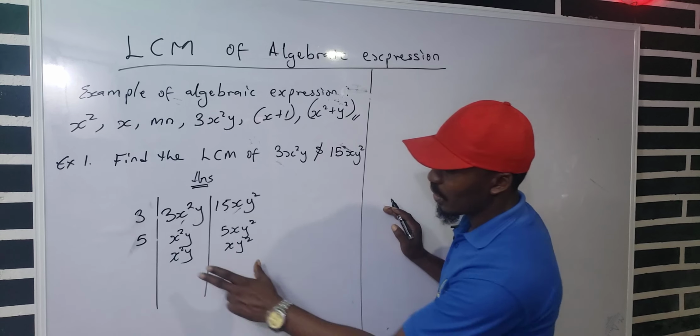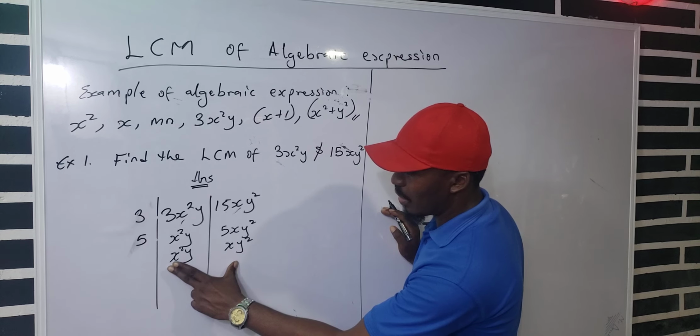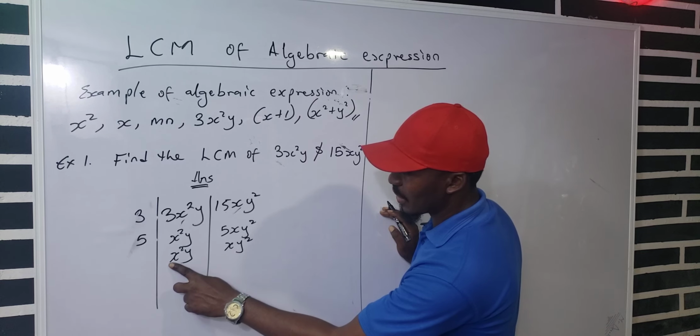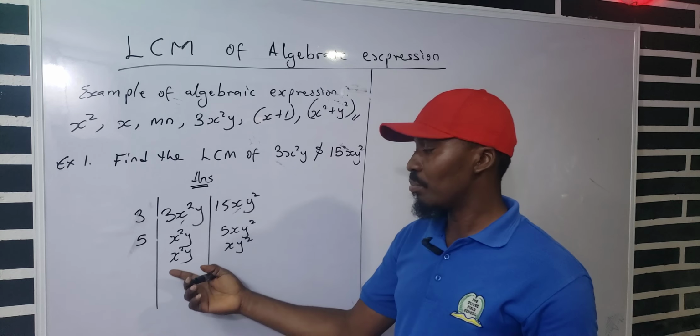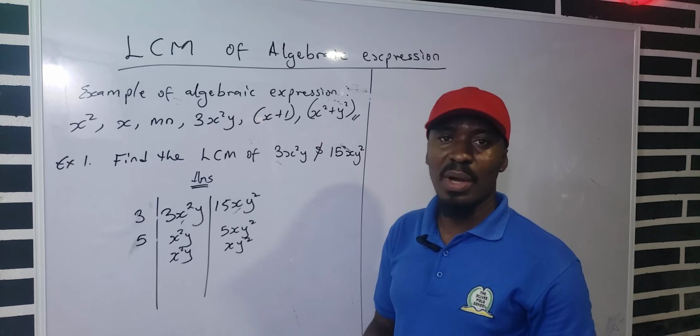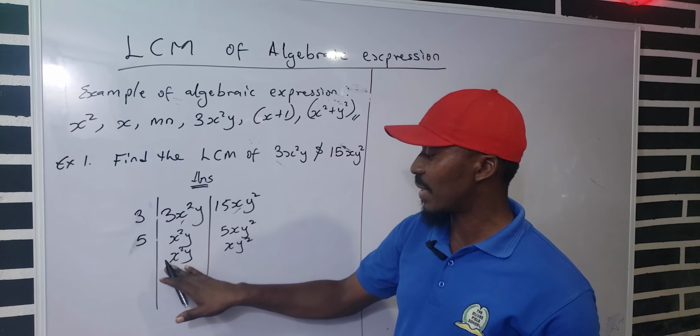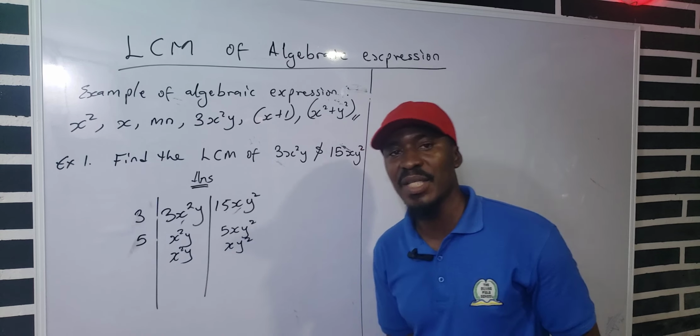Now I will go with the variables, which are s and y. The shortest way to go about this is to go with the highest power.